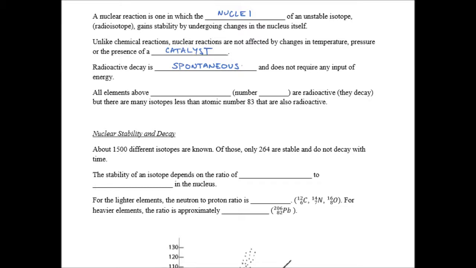All elements above bismuth, which is atomic number 83, are radioactive. But there are many isotopes less than atomic number 83 that are also radioactive.